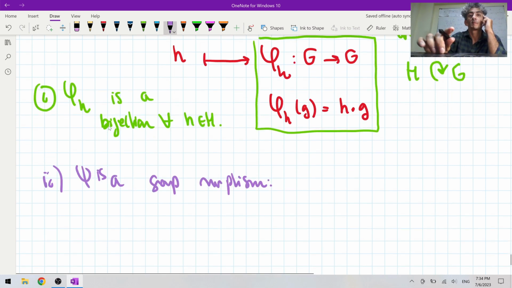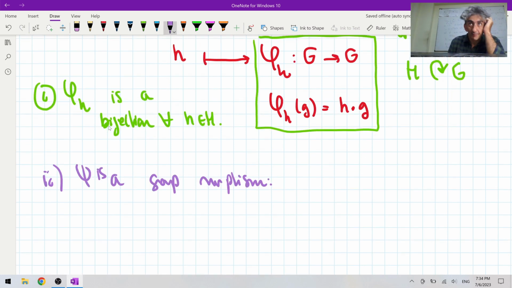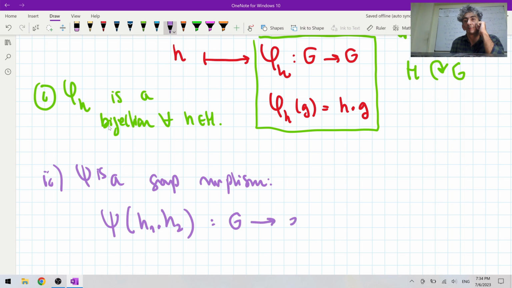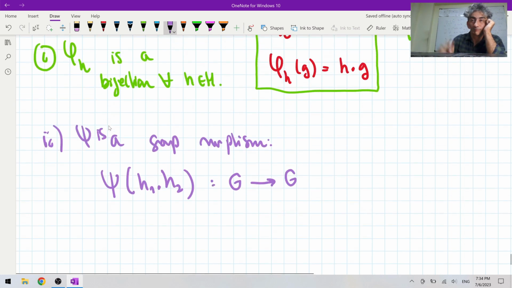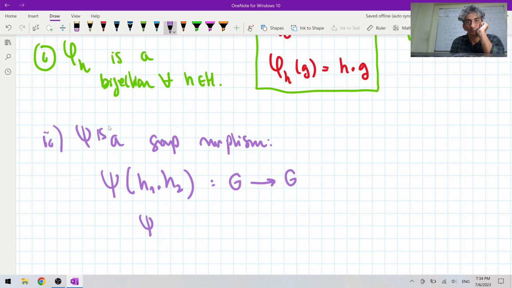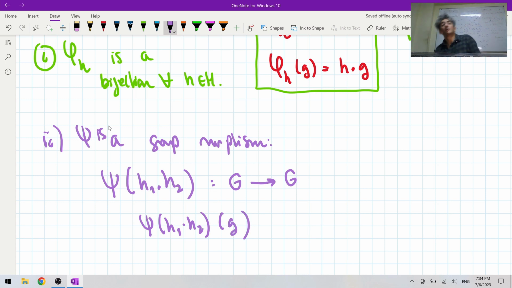And that's easy since psi of h1 times h2 is a function that takes elements of G to elements of G. And we're going to apply it to g.